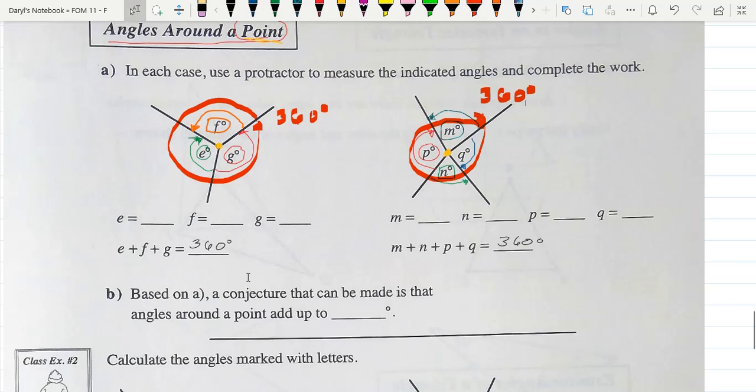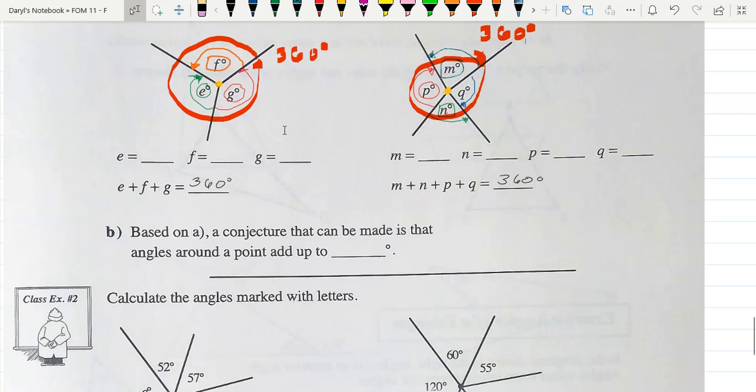And again, based on this particular example, the angles around a point will always add up to 360 degrees. So the angles around a point add up to 360 degrees.